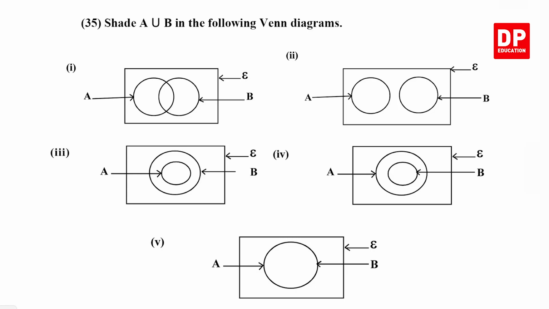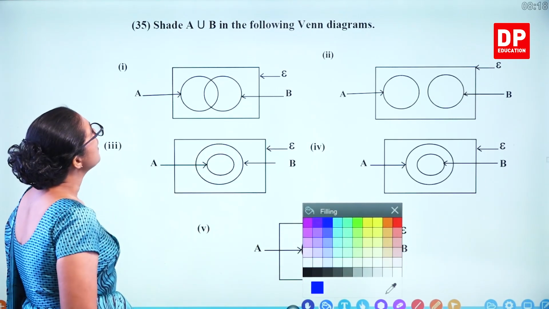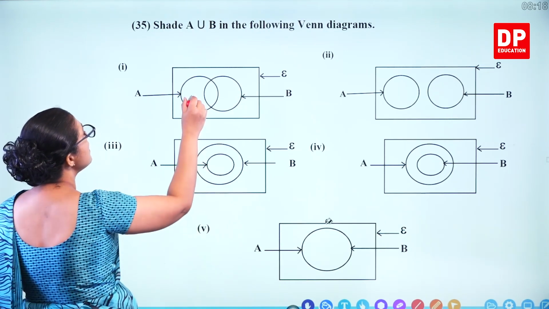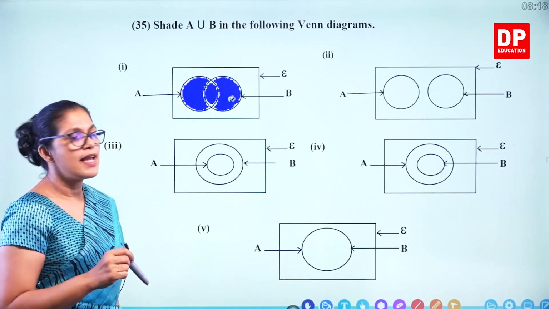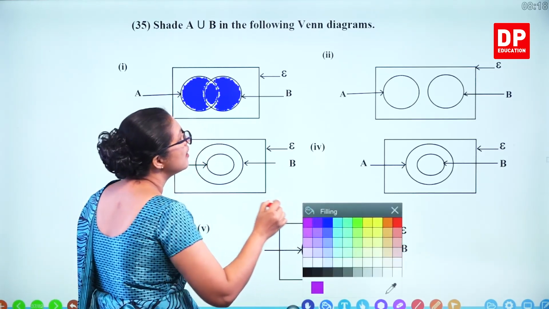Shade A union B in the following Venn diagrams. So we need to color. We'll look at the first one. A union B means everything in this part and this part. So what about the other one?